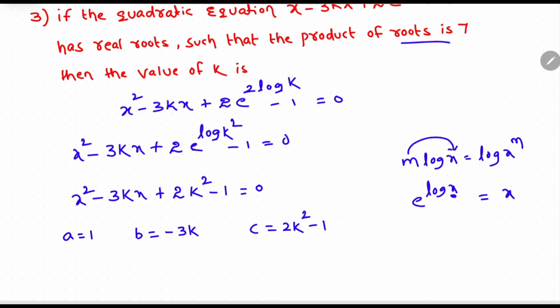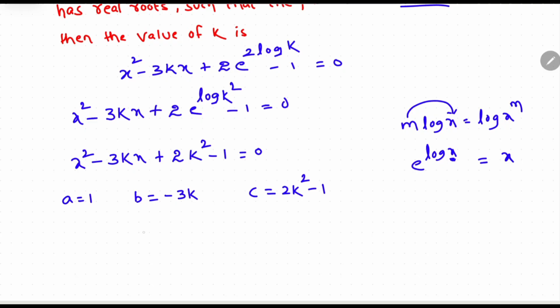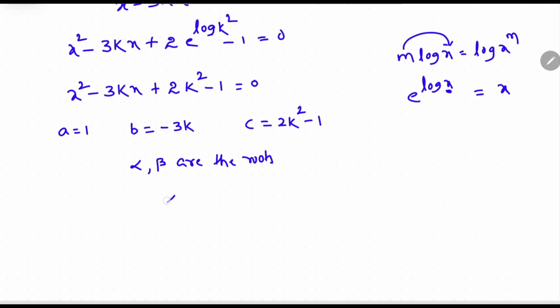So what is given there? Product of the roots is 7. Alpha comma beta are the roots. Therefore alpha into beta, product of roots, is equal to c by a. So it is the normal formula.